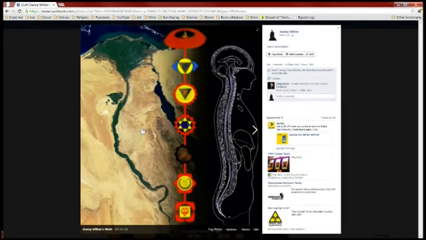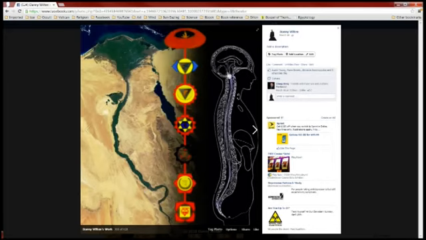Now when we look at Egypt, there was a certain megalith that divided Upper and Lower Egypt. That particular megalith was the Great Pyramids. And they're located right here where this spinal cord goes into the base of the skull, which is what we're seeing right here.